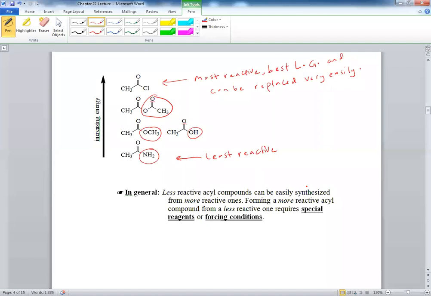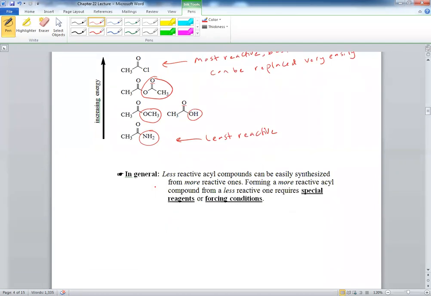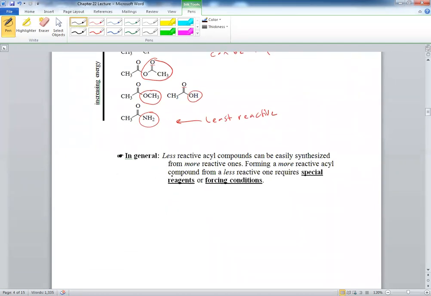But it's very difficult, or you will need special reagents, to make acid chloride from the NH2. So I'll give you an example really quick because we need to show you some examples. So for example, I have this, and I want to go to this.